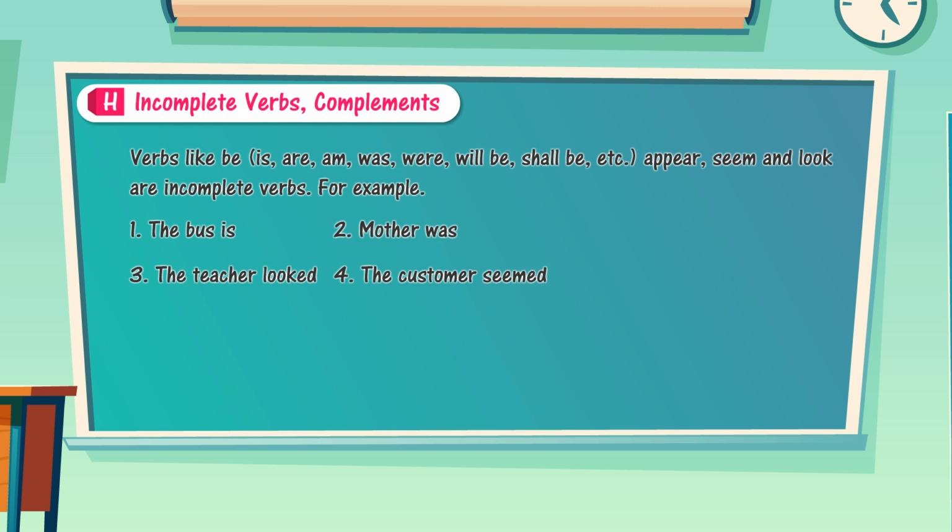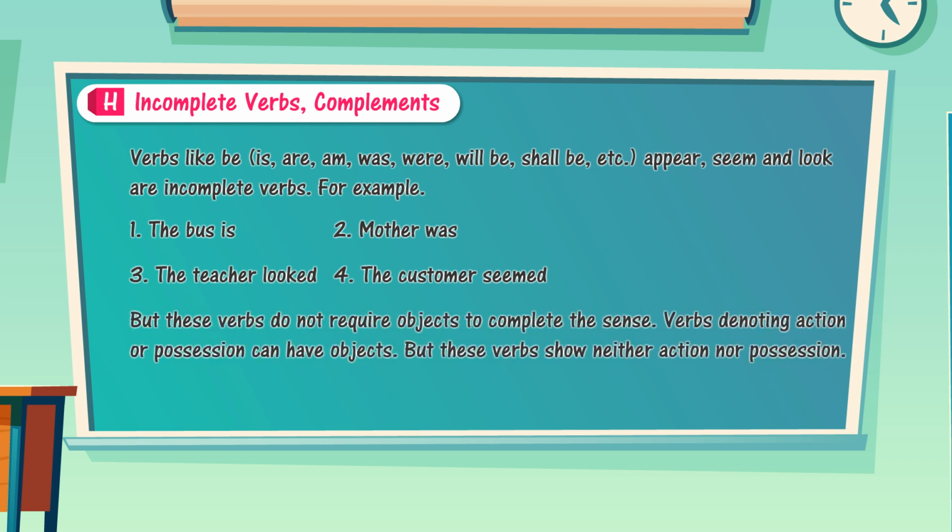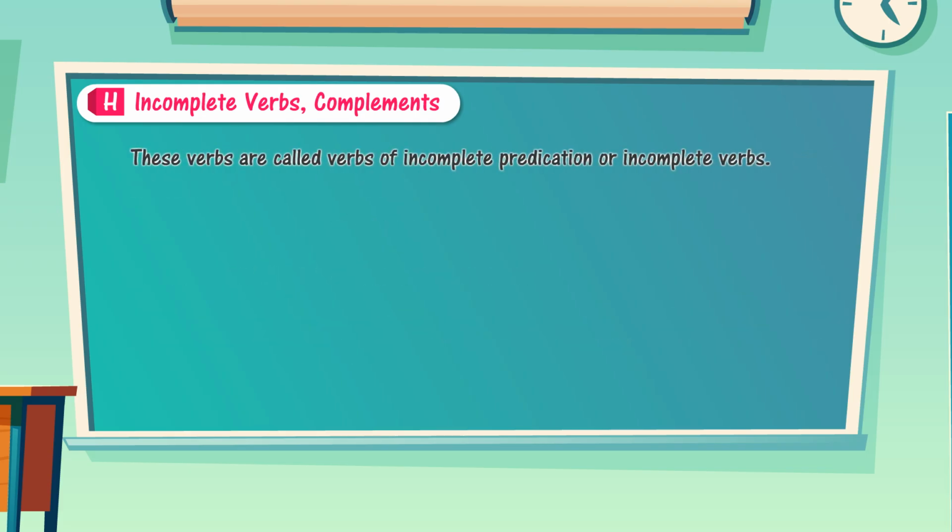The customer seemed. But these verbs do not require objects to complete the sense. Verbs denoting action or possession can have objects, but these verbs show neither action nor possession. These verbs are called verbs of incomplete predication or incomplete verbs.